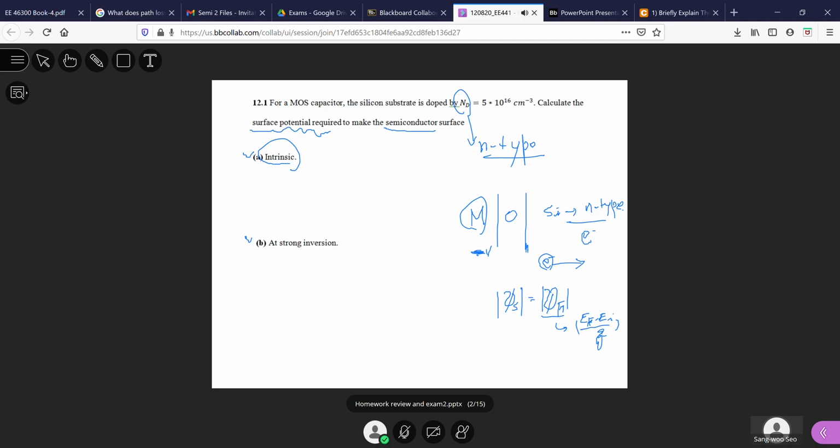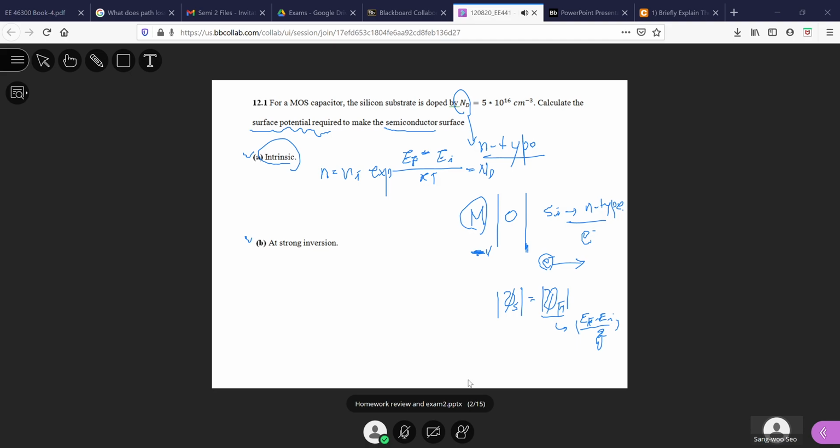So for this one, as you can see, we have a condition like ni exponential minus Ei over kT, and this one equals Nd, right?